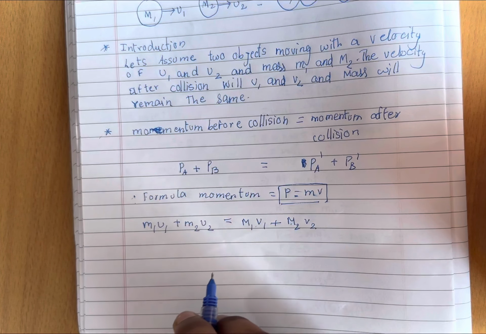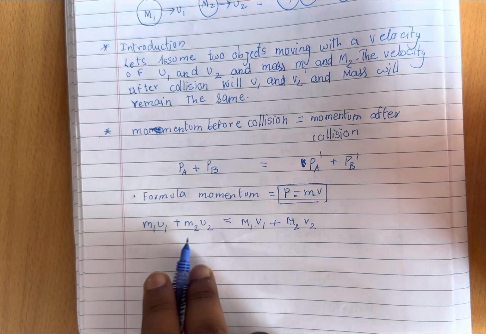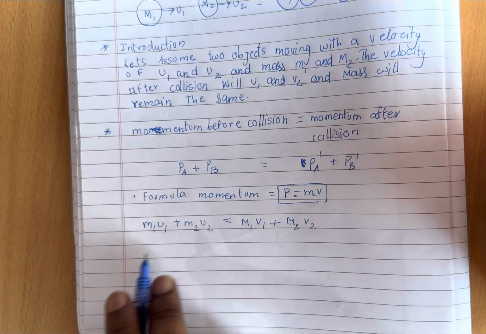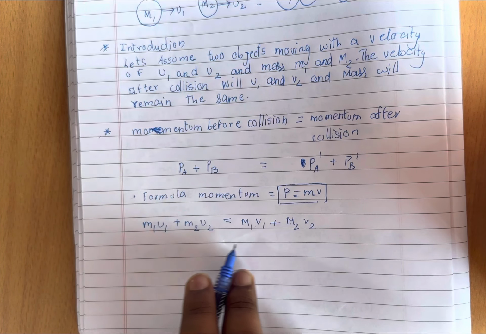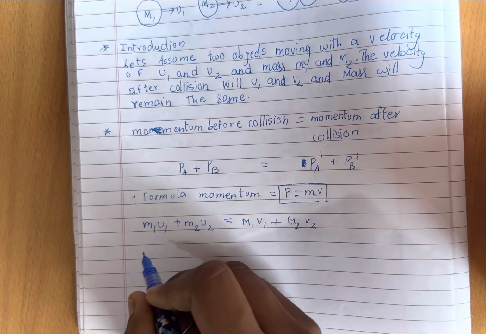So what we have to do next, we have to bring the v1 and u1 on one side and v2 and u2 on the other side.